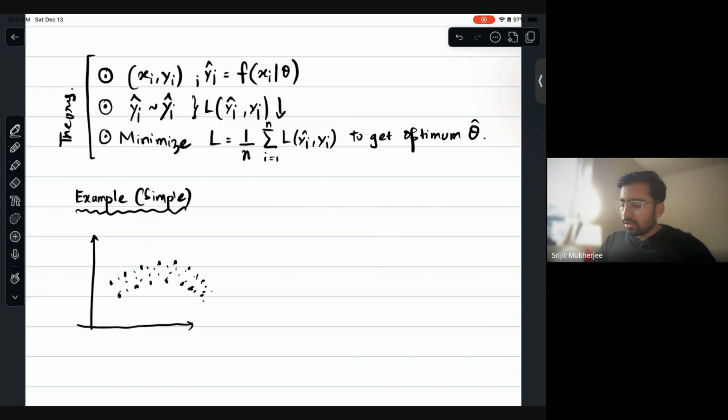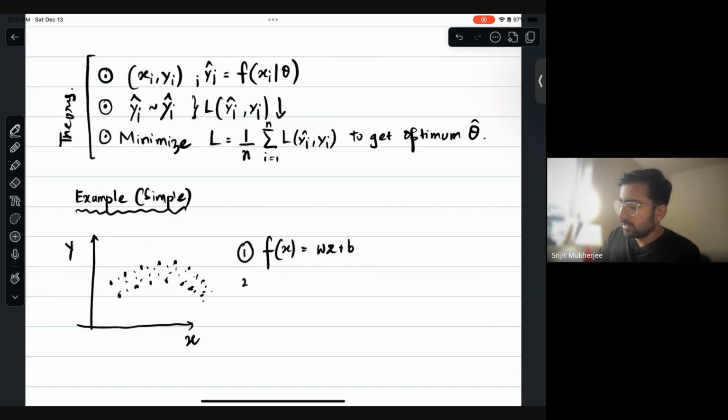Now, there are multiple things you can do. Let's take 3 examples. So this is x and this is y. Okay. Let's take f(x) to be some wx plus b. Then let's take f(x) to be some w2 x squared plus w1 x plus b.